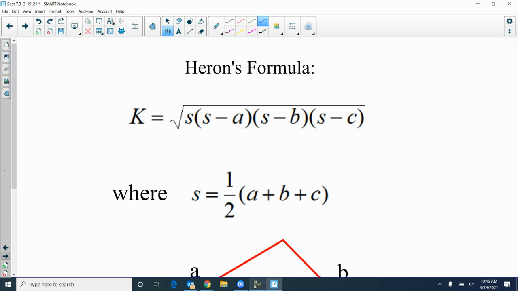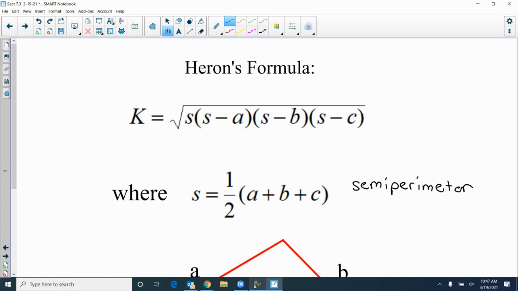All right, we got Heron's formula. And this is the last one of the bunch here. This is the most different one because it doesn't have to do with sine or any of the angles. But we have to calculate what's called the semi-perimeter.